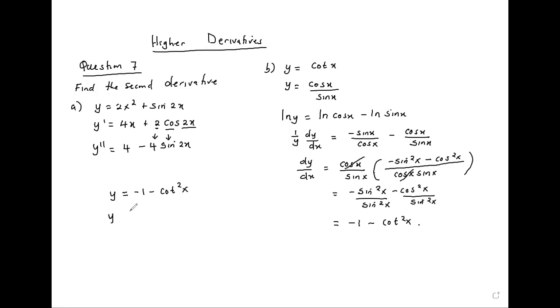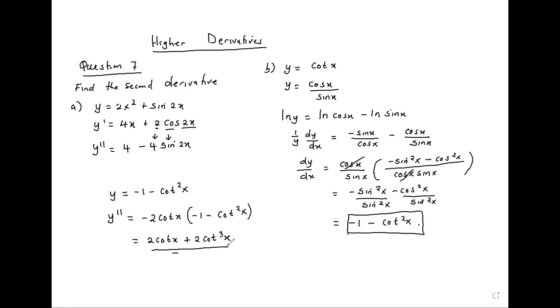So just say y prime prime is equal to, derivative of -1 is 0. So we have -2 cot x, and the derivative of cot is what we have here. So -1 minus cot squared x. So that we have +2 cot x plus 2 cot 3x. This is our derivative.